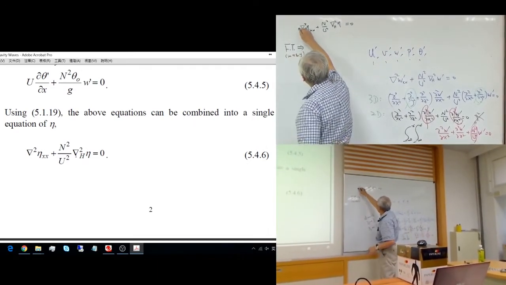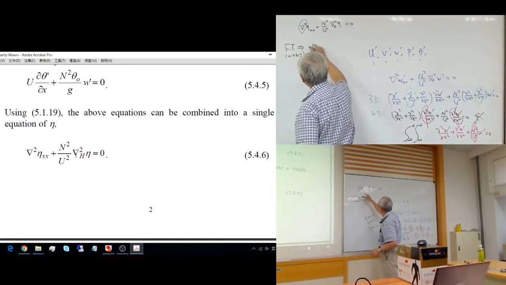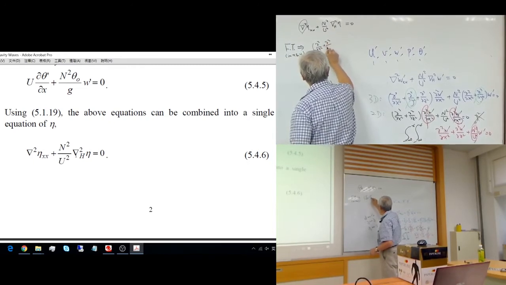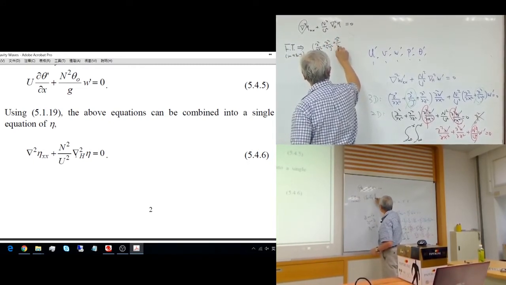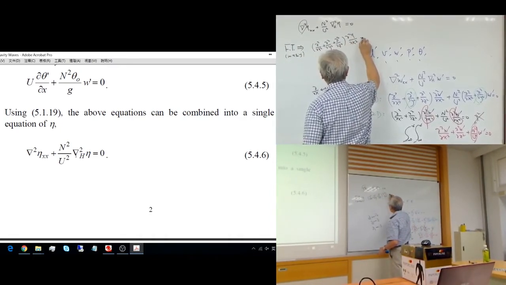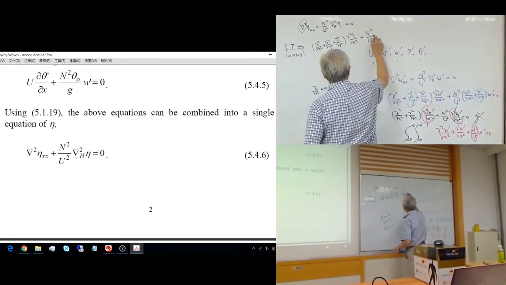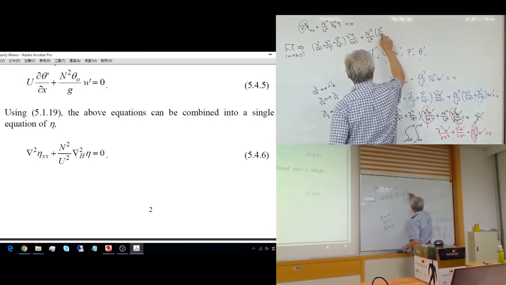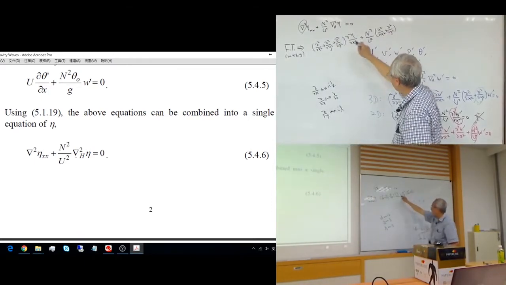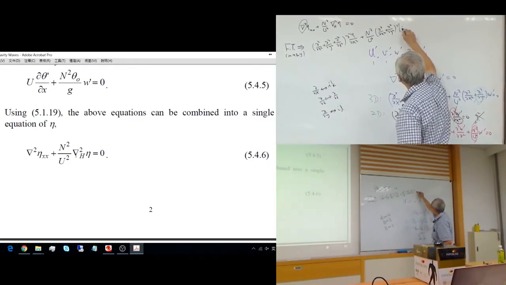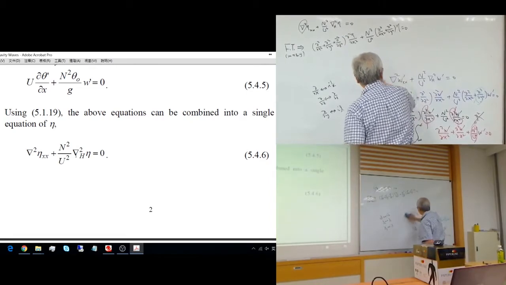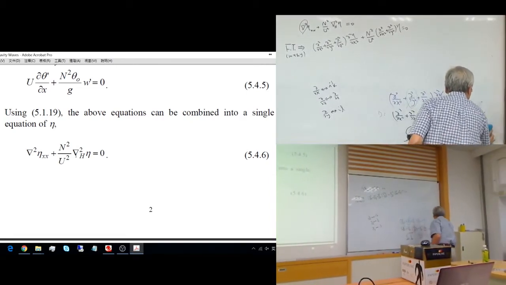The equation is: partial squared over partial x squared plus partial squared over partial y squared plus partial squared over partial z squared of eta, times partial squared eta over partial x squared, plus N squared over U squared times partial squared over partial x squared plus partial squared over partial y squared only, no z because this is horizontal, of eta equals 0. This becomes pretty easy if you use the trick.